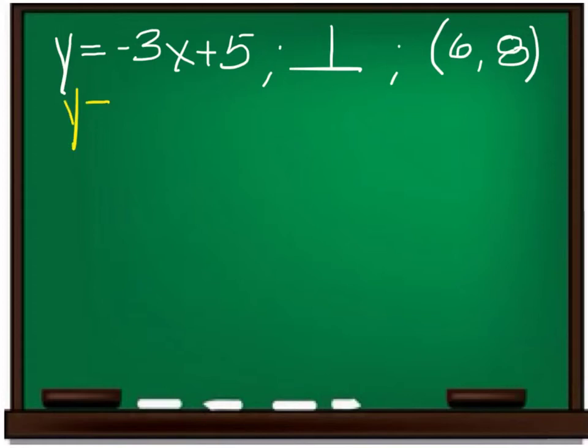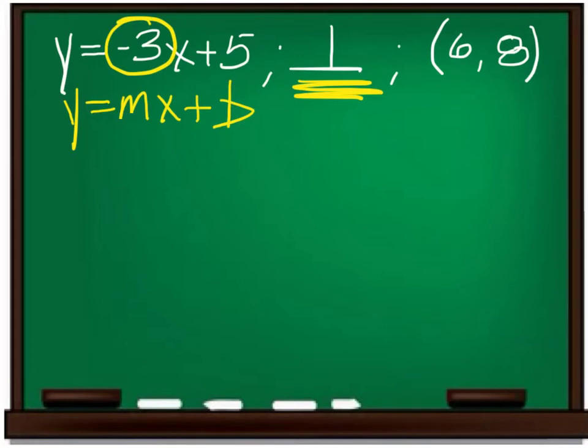Start with y equals mx plus b, and since this is perpendicular, you have to flip and change the sign of the slope. Flip and change the sign of the slope. So if I flip that slope, I get 1/3, and if I change the sign, it becomes positive.